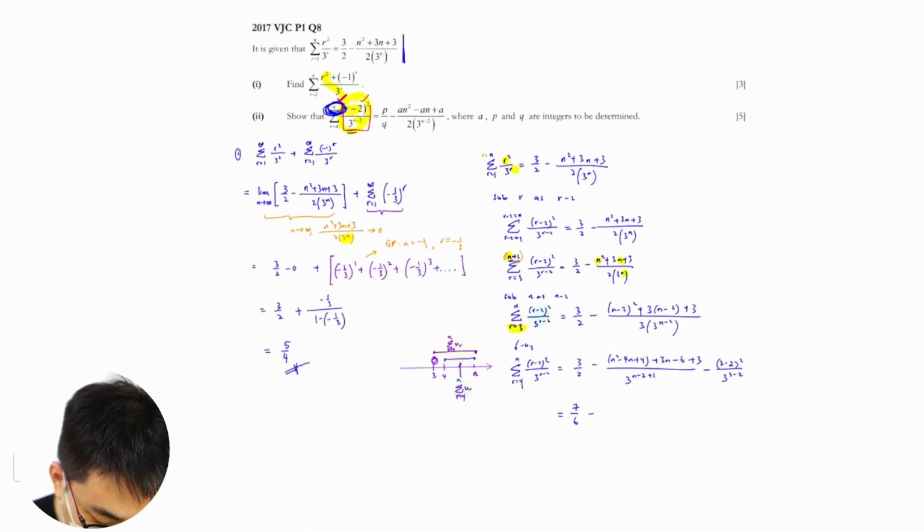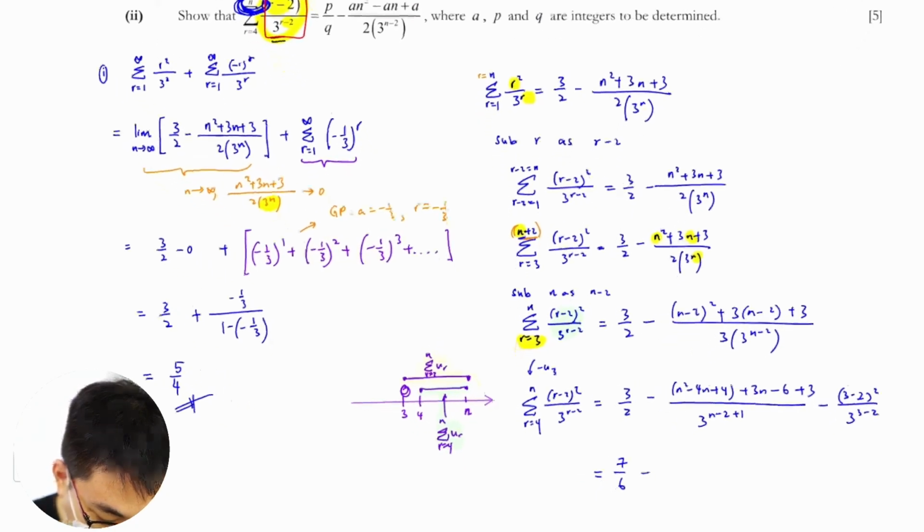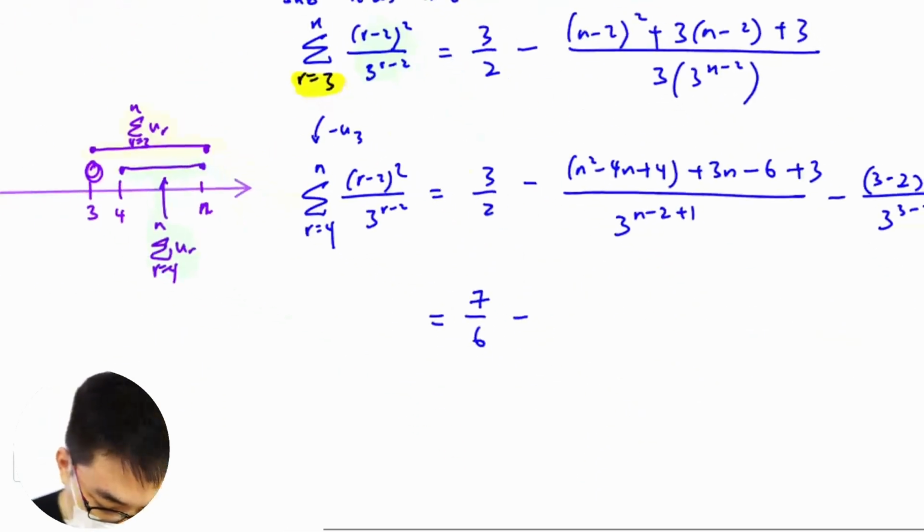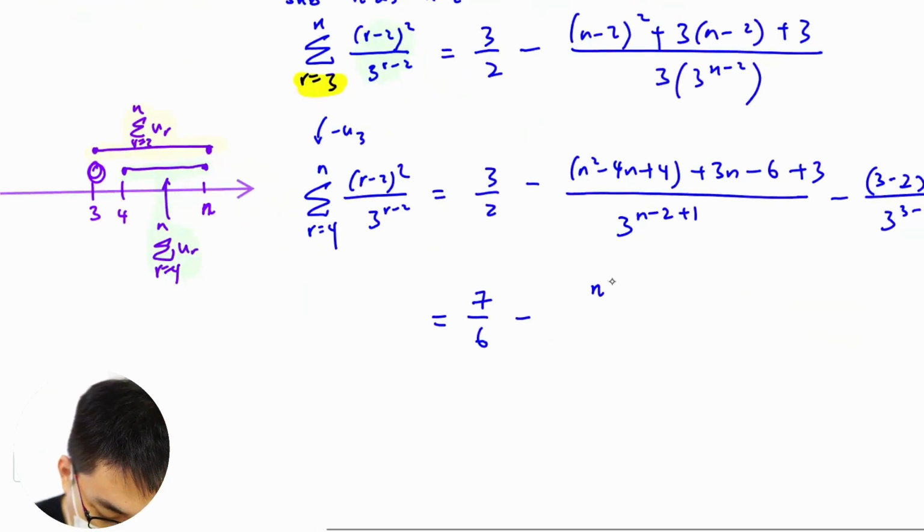What do I want to change to? 3n minus 2. Oh, 3n minus 2. So it will be n.